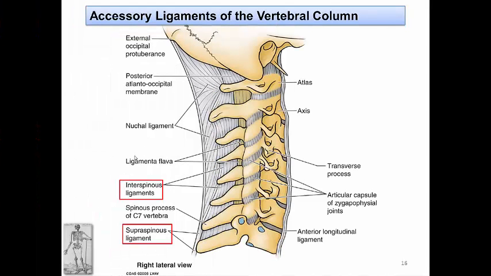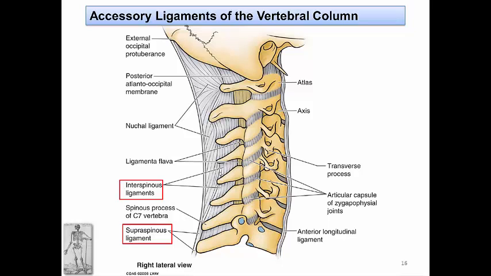Here we have a good overview of the accessory ligaments of the vertebral column again. First off, the ligamenta flava, as you can see here, joining the laminae of adjacent vertebrae. Remember that the ligamenta flava assist in straightening the vertebral column after flexion, and they can also be regarded as muscle savers, so they're elastic, like little rubber bands. Then there are these interspinous ligaments.